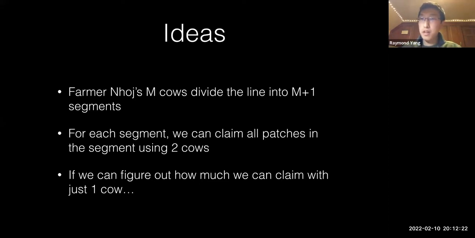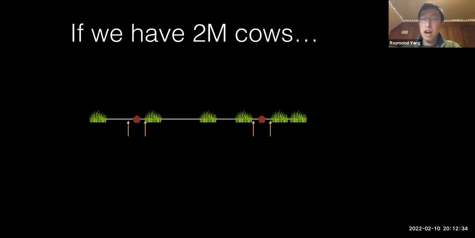This is another way to look at sandwiching Farmer Nodge's cows. Instead of putting 2 cows around every cow, for every segment, we put 2 cows at the very end, but closer than Farmer Nodge's cows. So it's still what this picture is showing, just phrased a little bit differently.